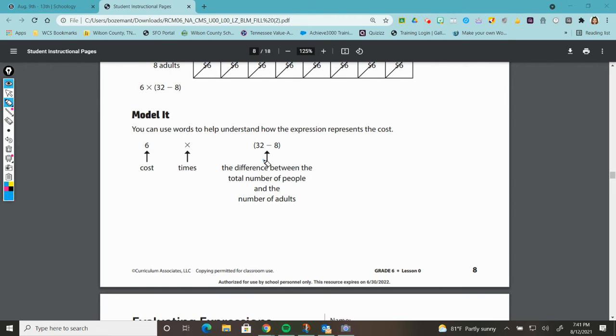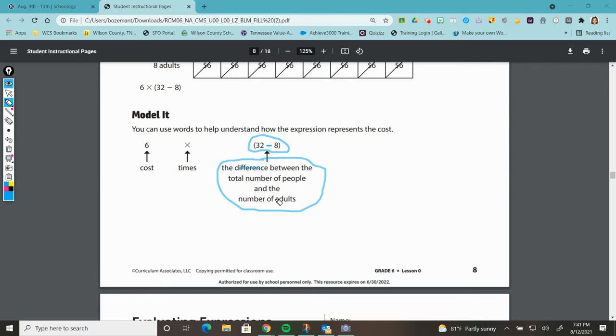So right here in our problem, we wanted to find the difference between the total number of people and the adults, because it specifically told us that there were 8 adults and that only the students wanted posters. So this is a group that we have to find, which also tells us that we need our parentheses here. So our difference is subtraction.